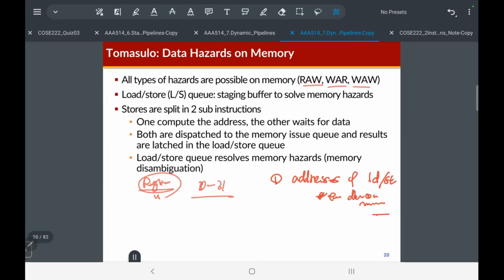Store changes the data on memory, so we need to focus on the store instruction. When I explained the 3 data hazards on memory, I also explained the order of load-store and store-store and store-load. So actually, the store is important.